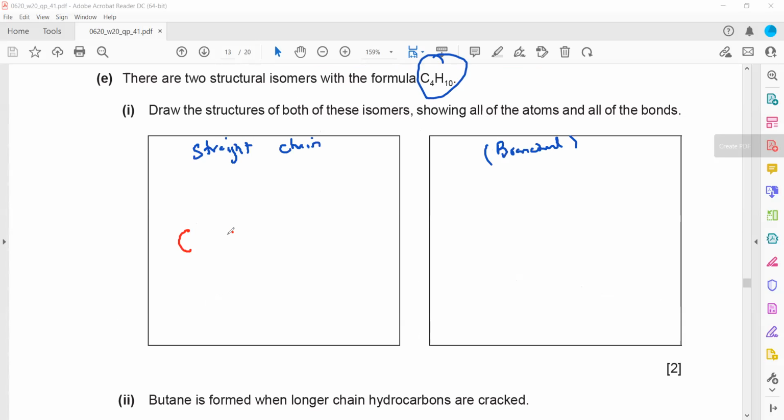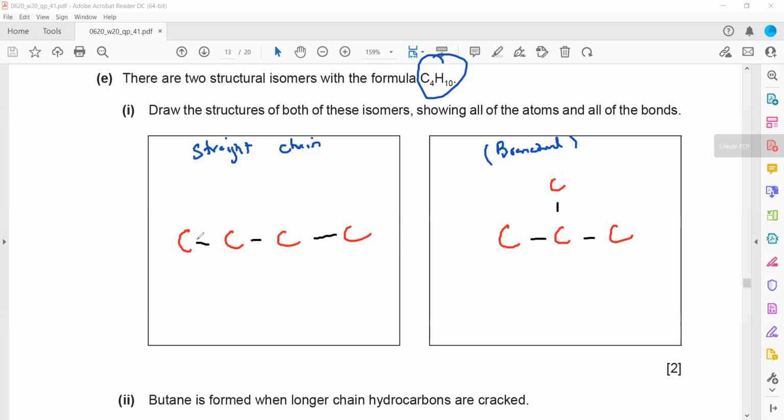So I will draw 4 carbon atoms in a straight line. And if I want to make a branch, the branch always starts with the second one. Second, third I can make, but not the first one. So I can make a branch up or down. Then we have to represent all the bonds. Because these are alkanes, between the carbon atoms there should be a single bond. And then the rest will be hydrogen.